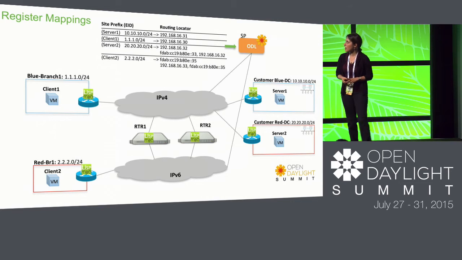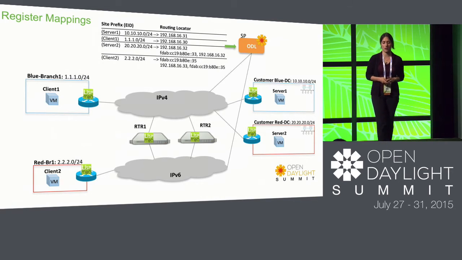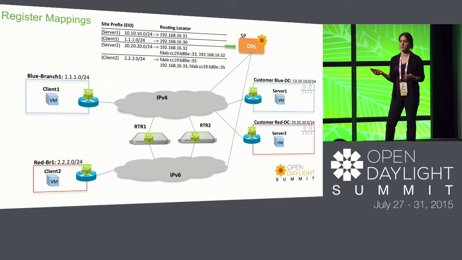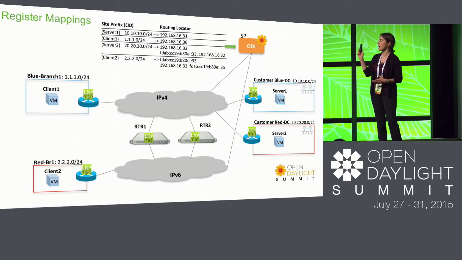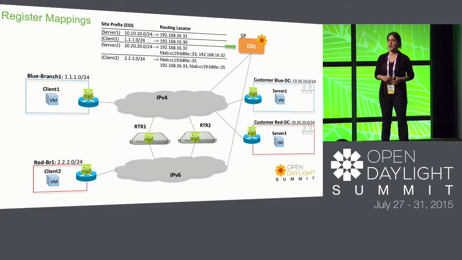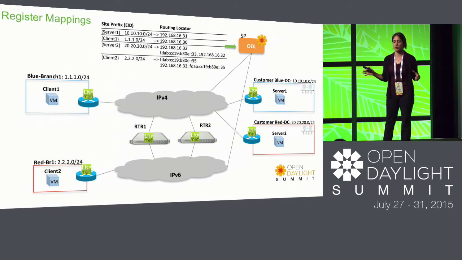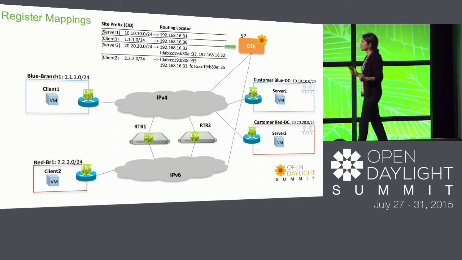After that, we go to the northbound REST API or RESTconf API of OpenDaylight, and we introduce the mappings of these sites to actually enable the overlay to offer connectivity.